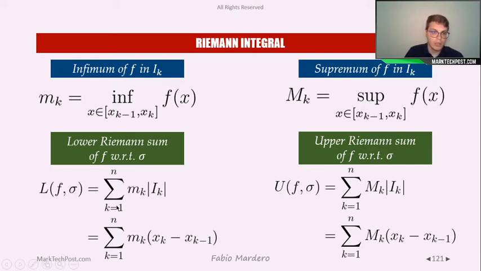So here we are writing the lower Riemann sum as the sum of the values of a histogram in which the values of each column are the infimum. And this is the lower Riemann sum. In the upper we use the supremum. That's it.